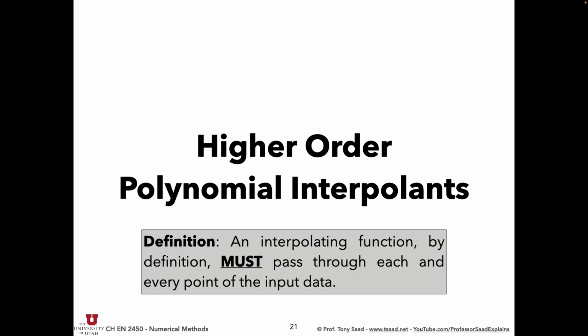But first, let's formalize our definition for what we did with the straight line, where we insisted that the line goes through those points. It must go through those 2 points. And we use that fact to derive the governing equations for m and b, right? So by definition, an interpolating function must pass through each and every point of the input data.